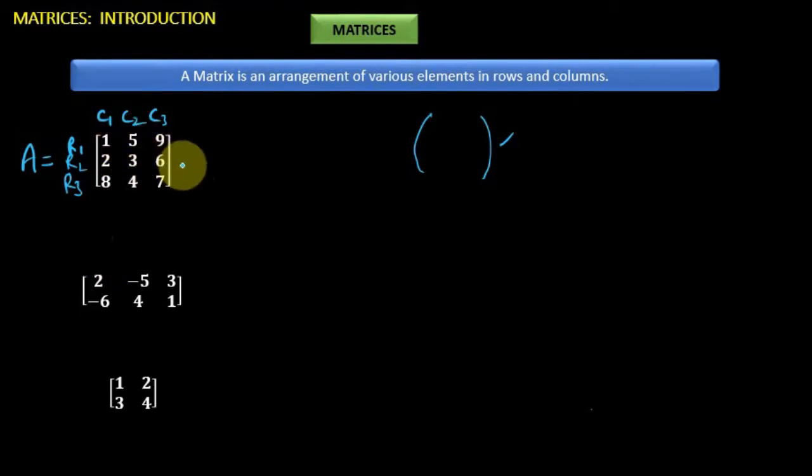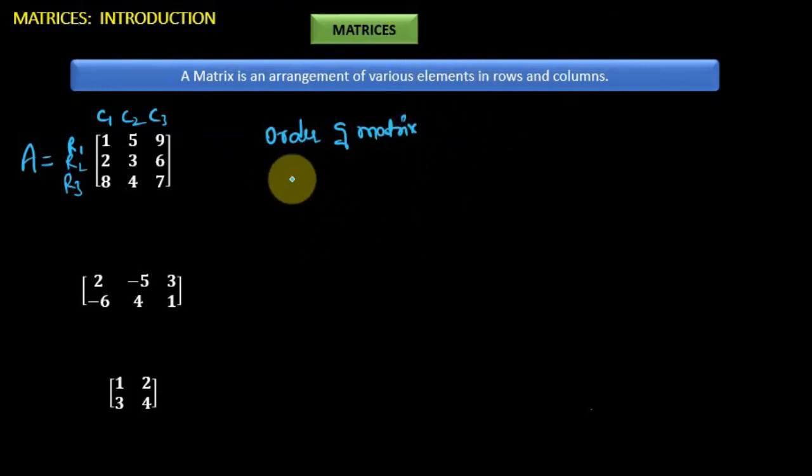Now we'll see the order of this matrix. What is the order of a matrix? Order is nothing but the total number of rows and columns present in the given matrix.